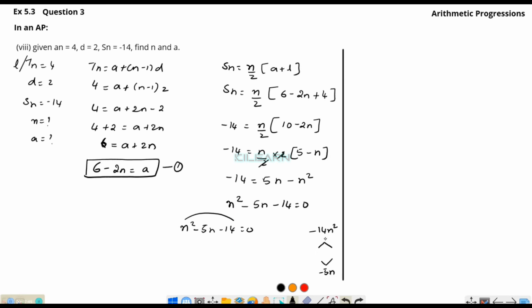Tell me the factors so that I get 7 2s are 14, so 7 into n and n. But I need to get minus 5, so minus and plus. Plus into minus is minus, so the bigger value gets the minus sign. So 7n and 2n. I'll just group it in a different way: n square plus 2n minus 7n minus 14 equals 0.